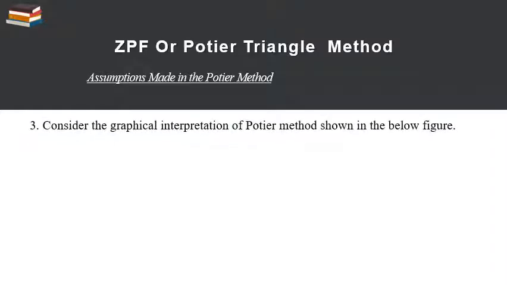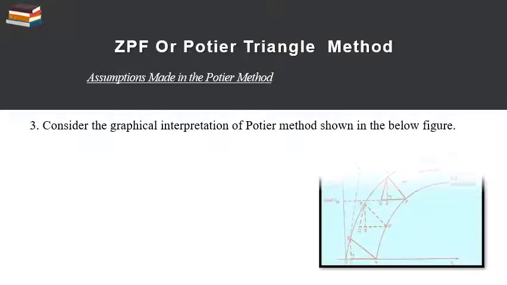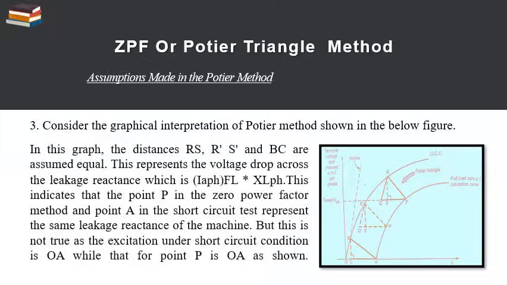So the next point is, consider the graphical interpretation of Potier method shown in the below figure. This is the graphical interpretation of Potier triangle method. इसमें हम OCC ड्रॉ करेंगे और जीरो पावर फैक्टर कैरेक्टरिस्टिक्स ड्रॉ करेंगे और एक ट्राइंगल को कंस्ट्रक्ट करेंगे जिसको हम पोटियर ट्राइंगल बोलते हैं.